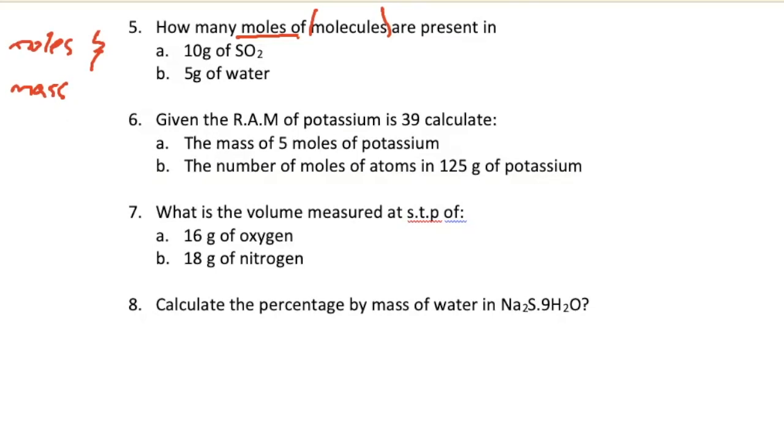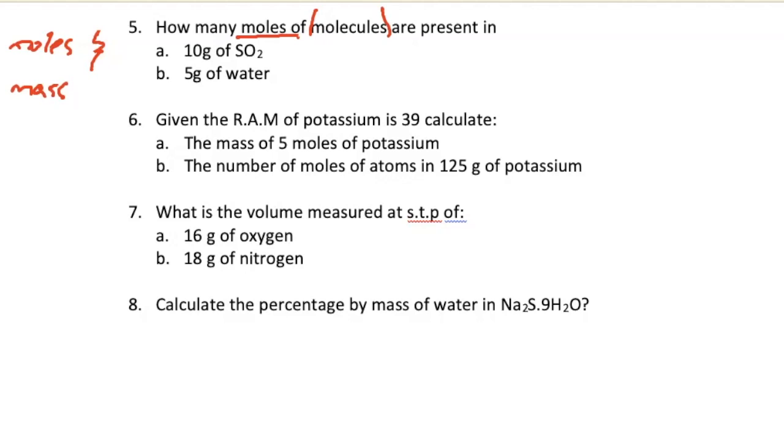So let's see, they want to find how many moles of sulfur dioxide molecules are present in 10 grams of sulfur dioxide. So of course, what we're going to do, we have to find the molar mass of sulfur dioxide, which is the same as finding its RMM, then expressing it in grams.